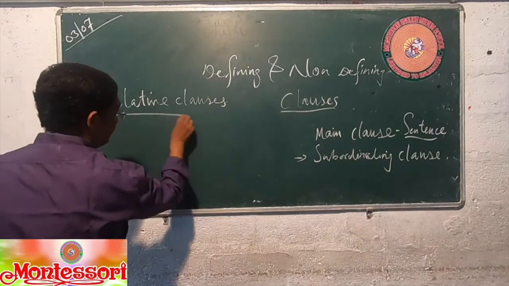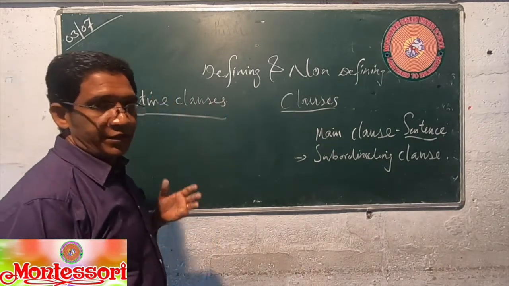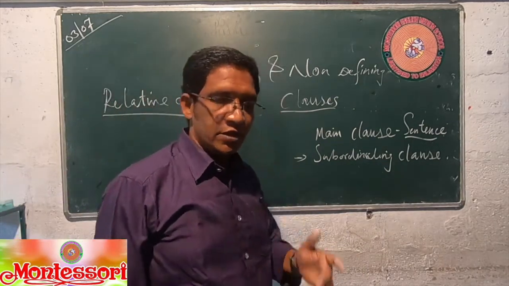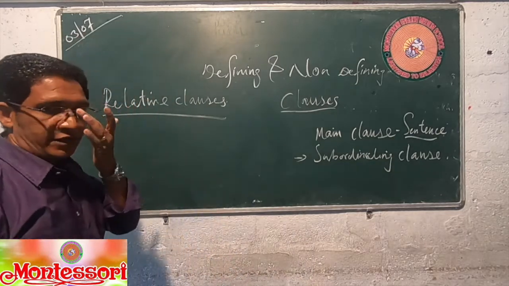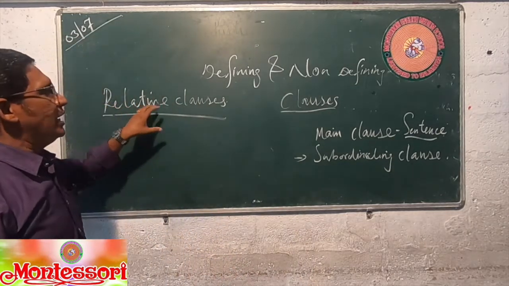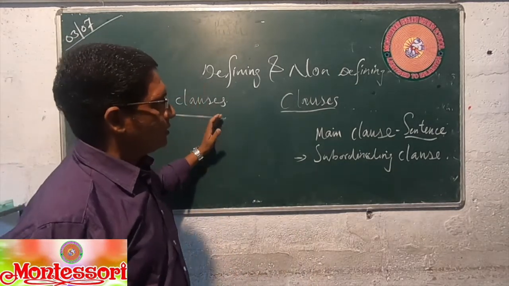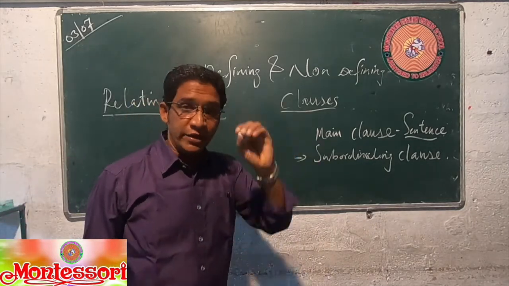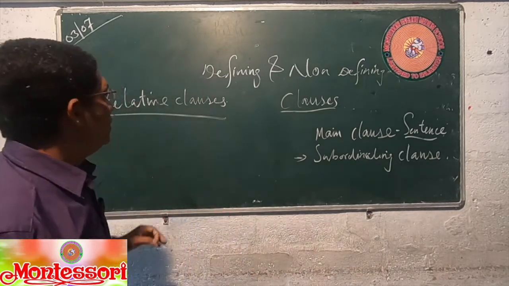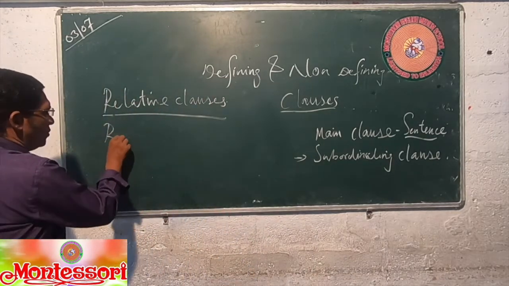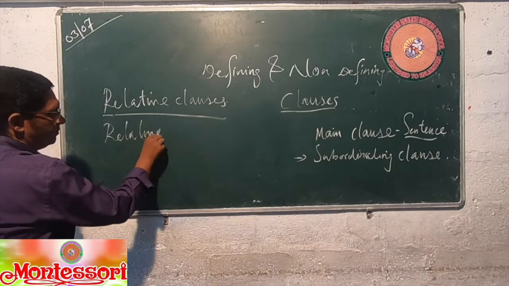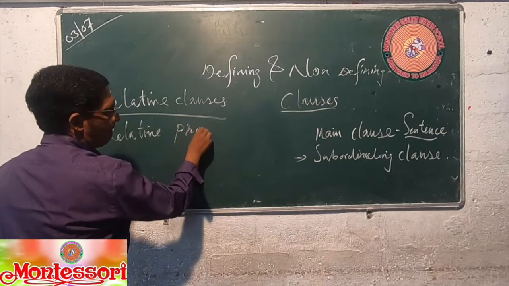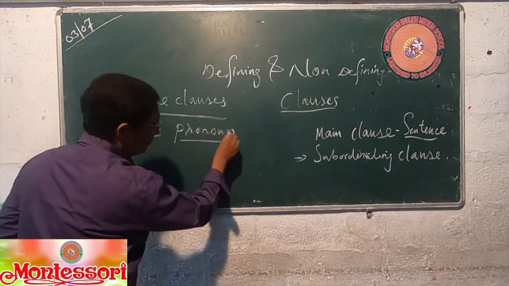Clauses are of three types: noun clause, adjective clause, adverb clause, but we will deal with them in another class. For example, relative clauses. Like in the case of a subordinate clause, where we have a subordinate conjunction, here we have a relative pronoun. What are relative pronouns?